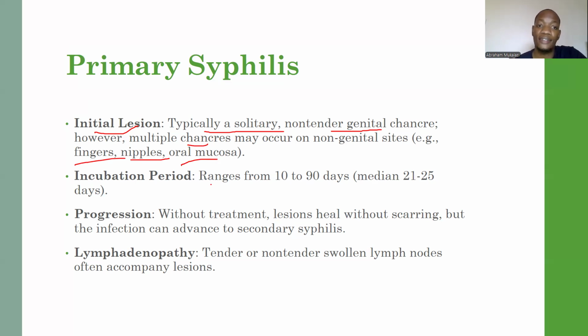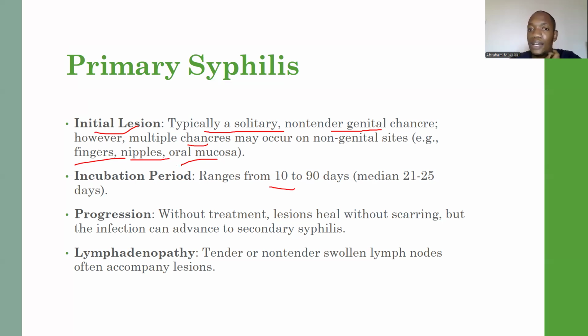Now, syphilis has a very varied incubation period, which ranges from about 10 days to 90 days, or even 3 months, with a median of about 21 to 25 days. This means that for some people, within 10 days of infection you can get the primary chancre, or syphilitic chancre, but others can take as long as 3 months.